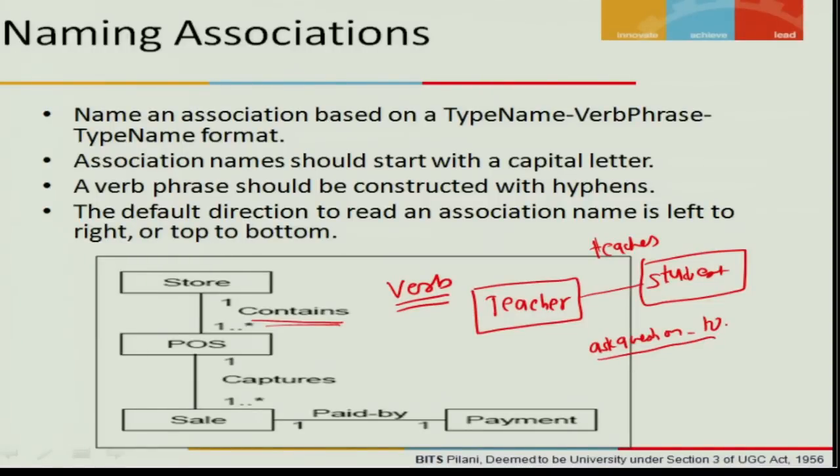Teacher asks question to student. As this contains multiple words, you can separate them with hyphens. So a verb phrase can be constructed with hyphens. You can say ask hyphen question hyphen to. So this can be constructed in this way. This is also called an association between teacher and student.